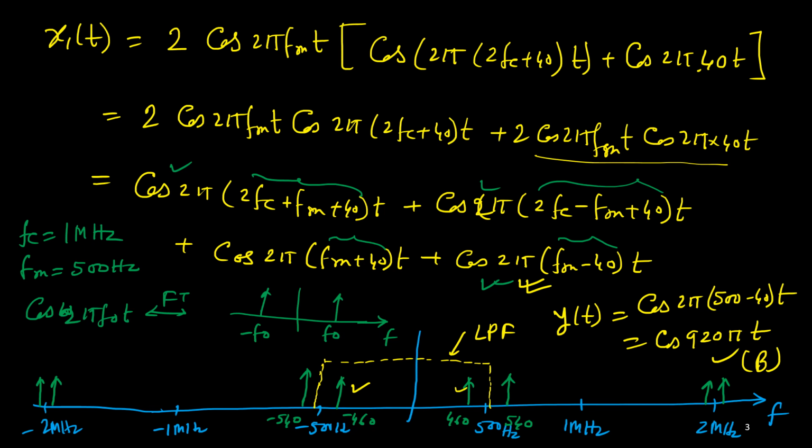So expand the signal properly if it is sinusoidal, see which components lie within the low pass filter, keep those, and reject the rest. Then that will be your final answer. This is the simple strategy we can take.